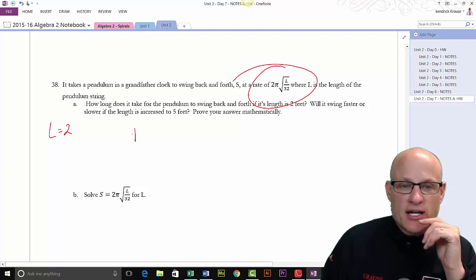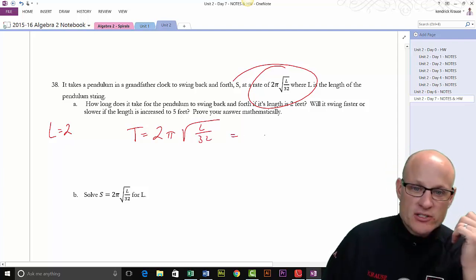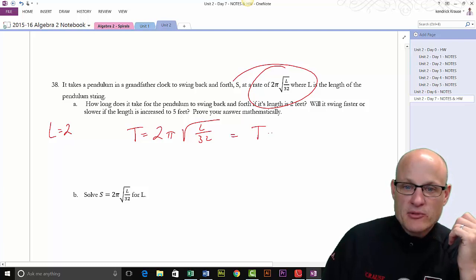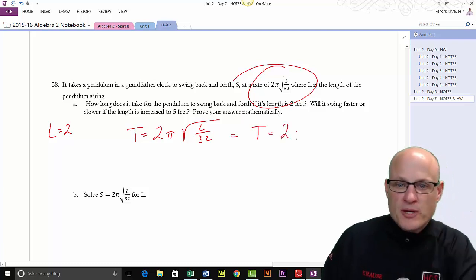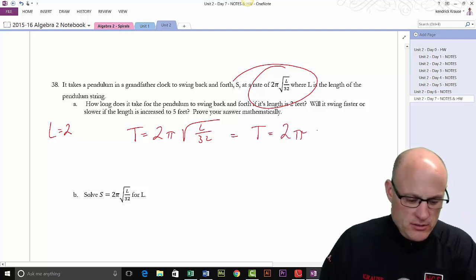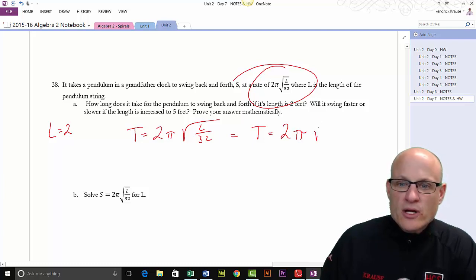So time is equal to 2 pi square root of L over 32. So I just got to plug a 2 in. So time is equal to 2 pi square root of 2 over 32 instead of L.